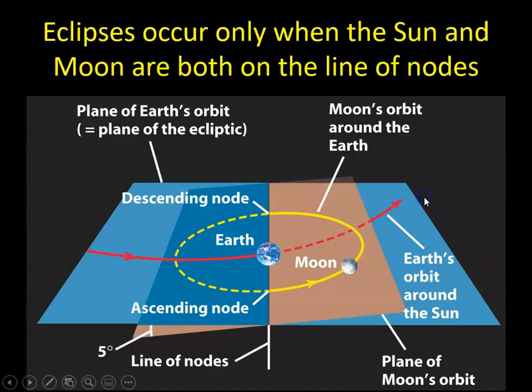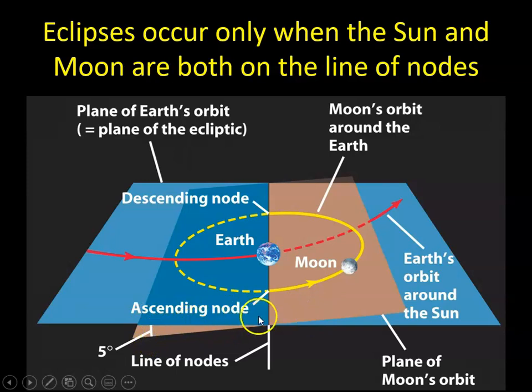So taking this picture into account, the brownish plane shows the plane of our moon's orbit around Earth, and the blue plane shows the plane of Earth's orbit around the sun. And again, those planes do not exactly coincide. There's about a 5-degree angle between them.